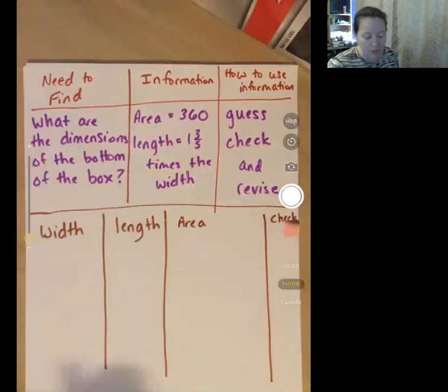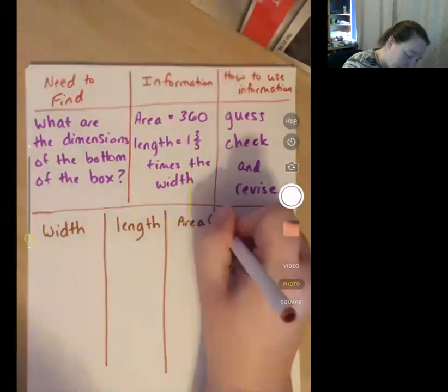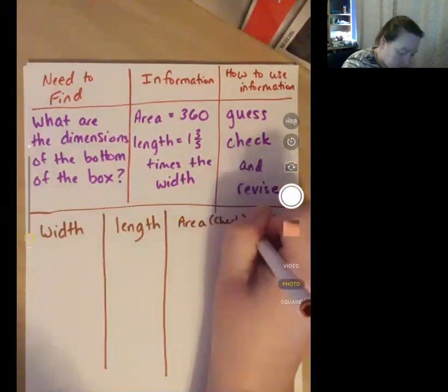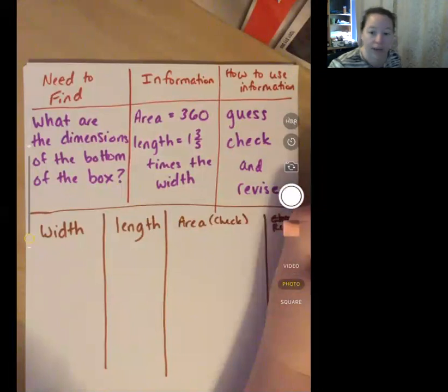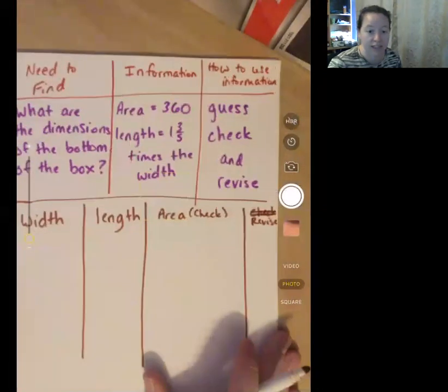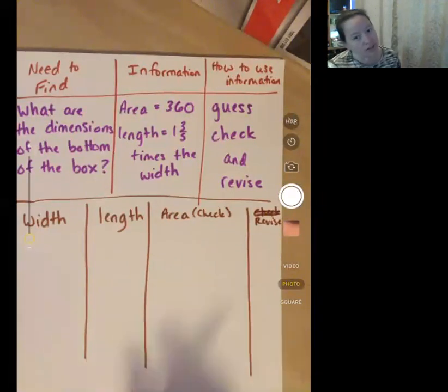Now, or I guess this is supposed to be revised. The area is our check. And then this should be revised, all the way over there on the side. Basically in revise, I'm just going to put an up arrow or a down arrow for whether we need to go bigger or smaller, instead of the way that they did it on the other side.